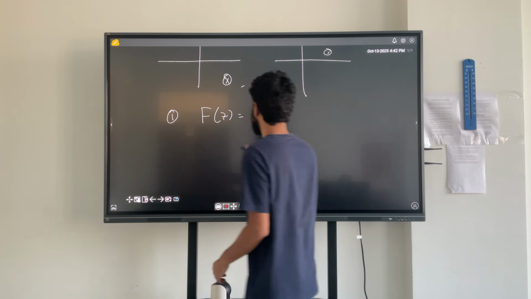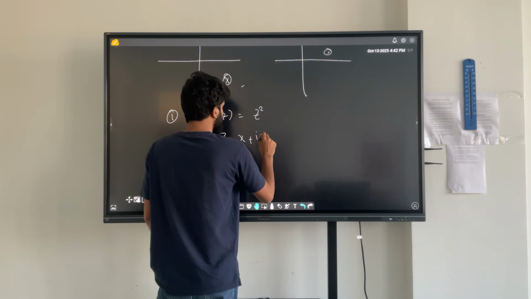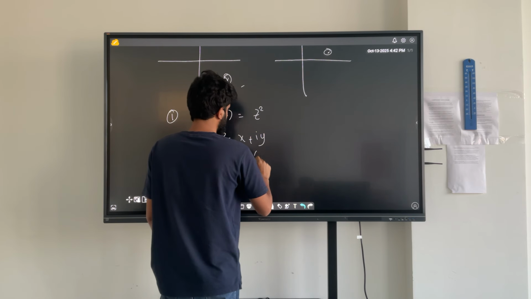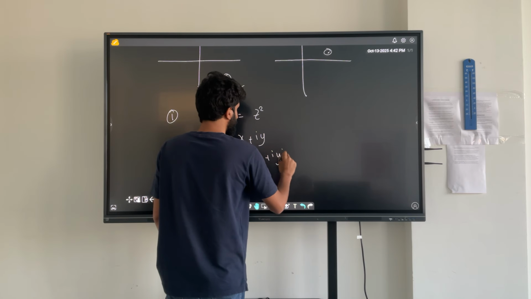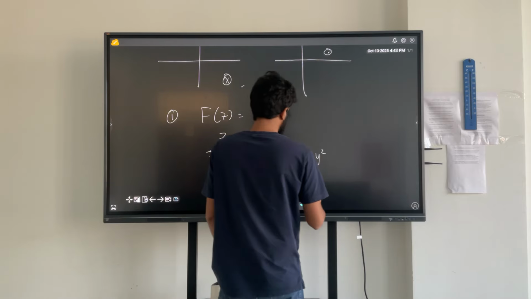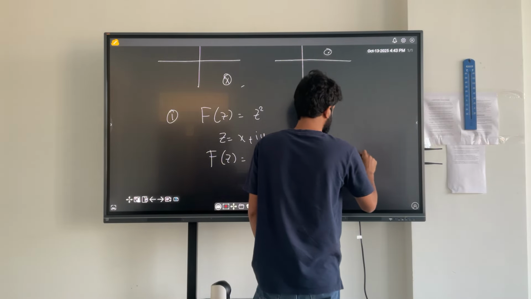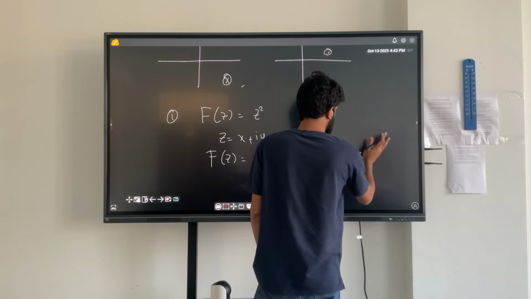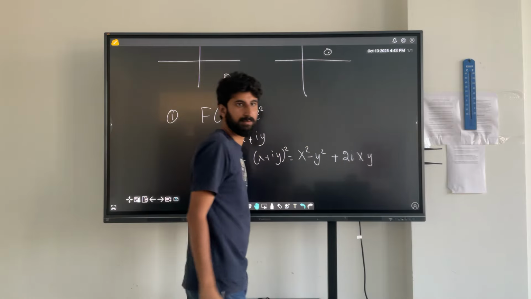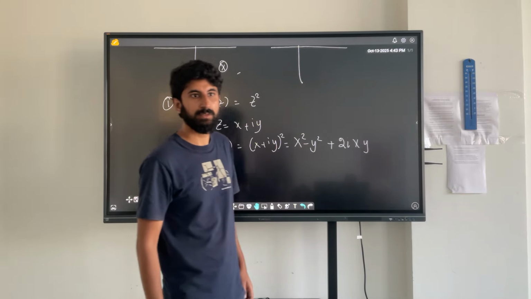So let's try to see. If z is x plus iota y, what is f of z? It is x plus iota y whole square. That is a square minus b square, where i square is minus 1, plus twice iota xy.